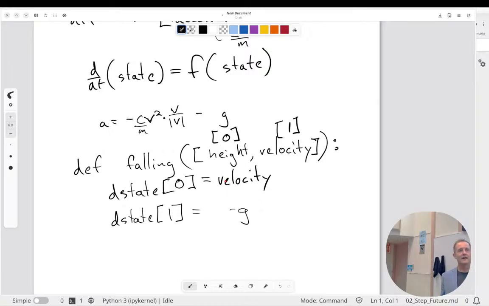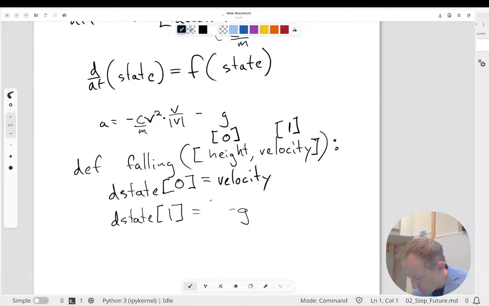It seems kind of weird that we're saying the change of our first state is the value of our second state. But it's just an exact definition: the change in position is velocity. So if velocity is one of our inputs, then it is the calculation of one of our outputs. And that's okay.